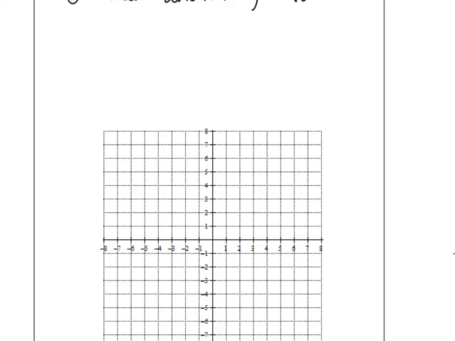Now, the second part, we have a negative sign, but pay close attention to where the negative sign lays. It lays inside of the square root symbol. So we're going to reflect over the y-axis. So we have a vertical dilation by a factor of 2. We have a reflection over the y-axis.